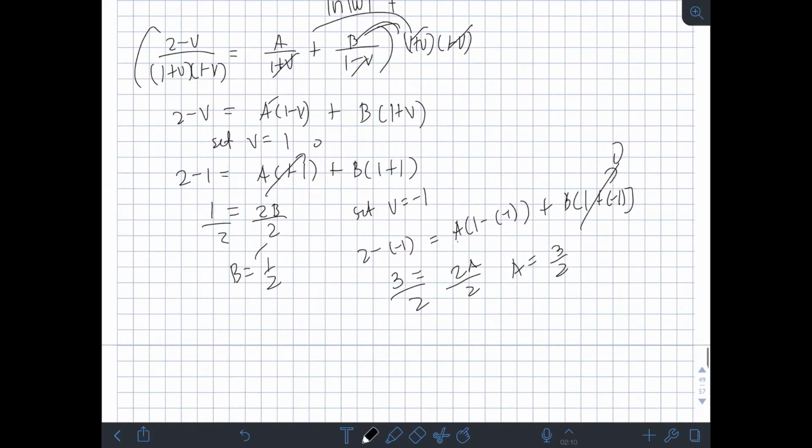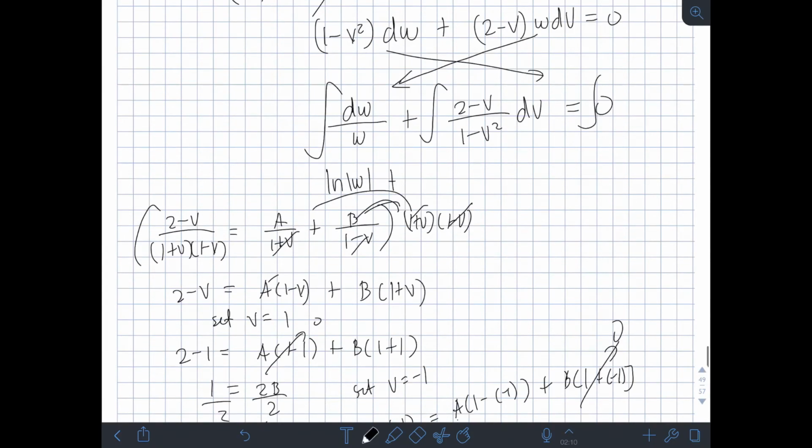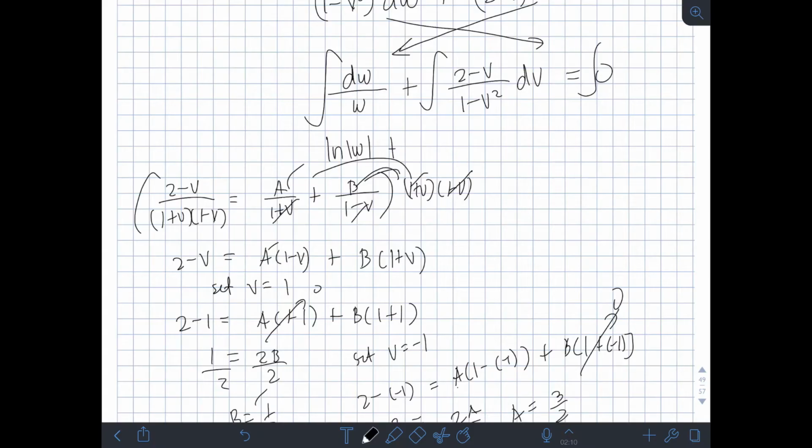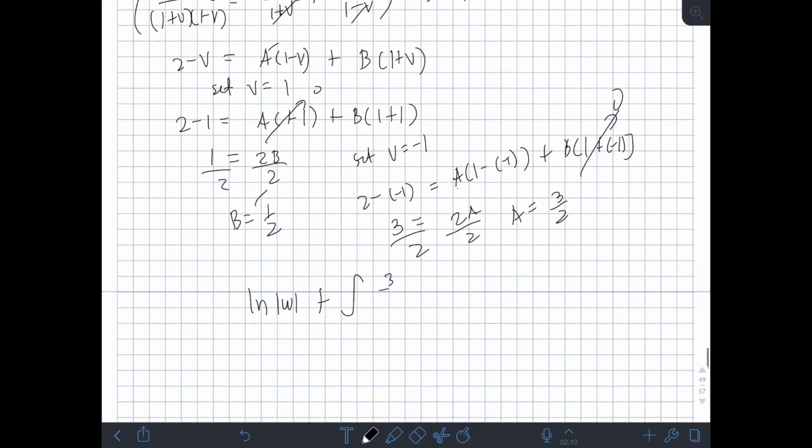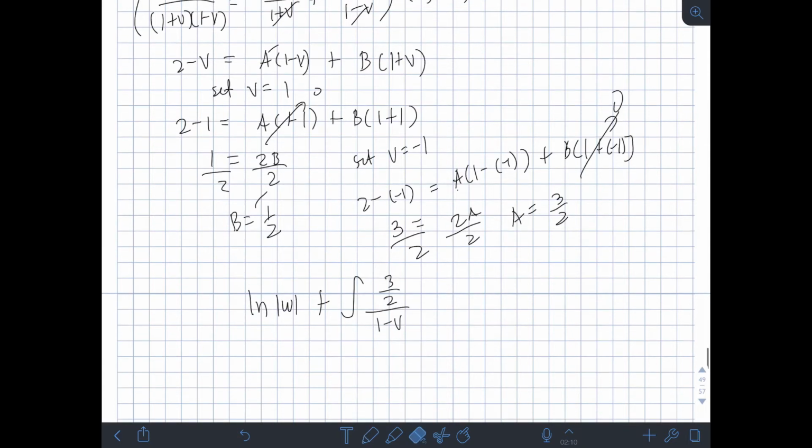So, therefore, equal siya sa ln W plus integral ng, ito na siya yung A over 1 plus V, plus B over 1 minus V dV equals constant na. A natin is 3 halves, right? Then, B this time is 1 half.